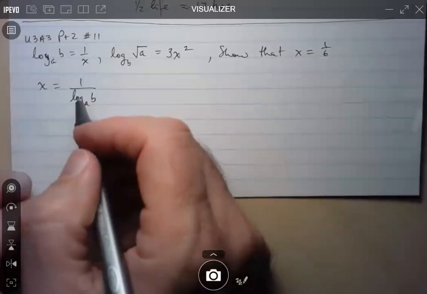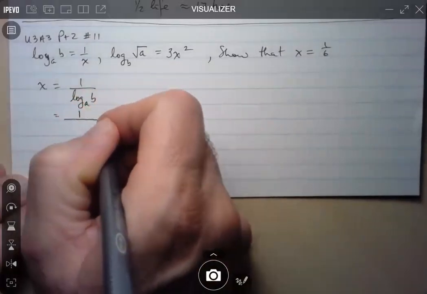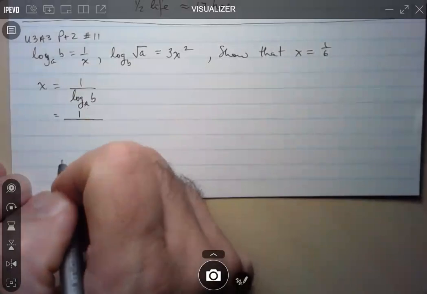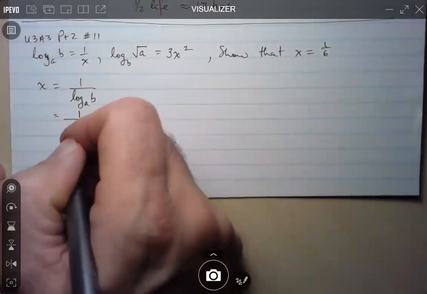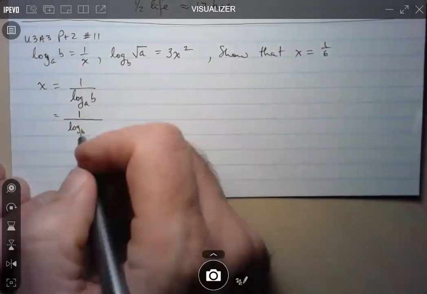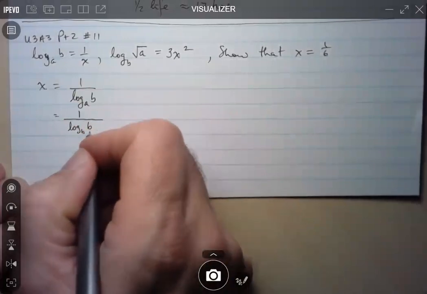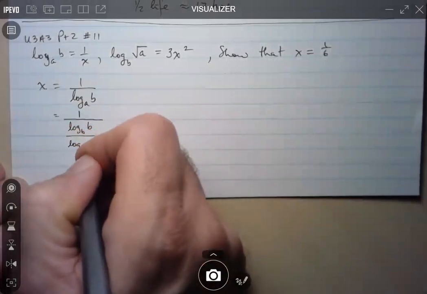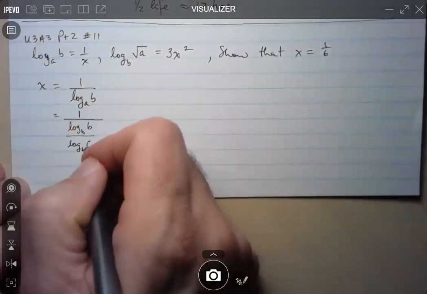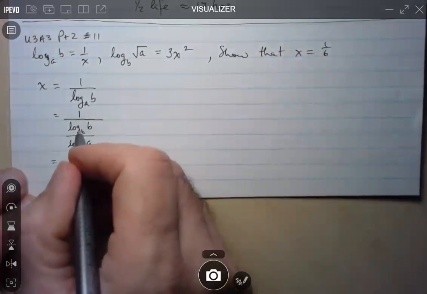So I'm going to turn this into log base B. If I apply the change of base formula to the denominator, it's log base B of the original input, which is B, very nice, over log base B of the original base. Okay, so this is all looking very nice because I know that's equal to 1.